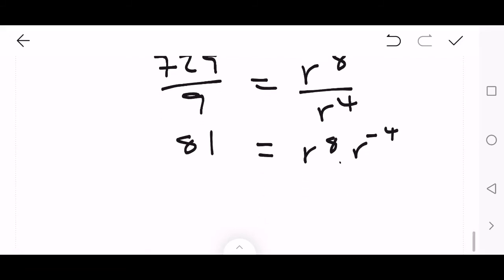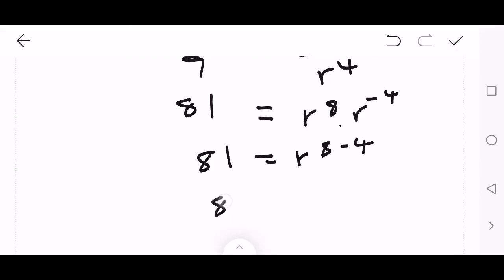So now we have 81 equals r to the power. When the bases are equal, you can add or subtract the powers. So we have 8 minus 4, which is just going to be 4.